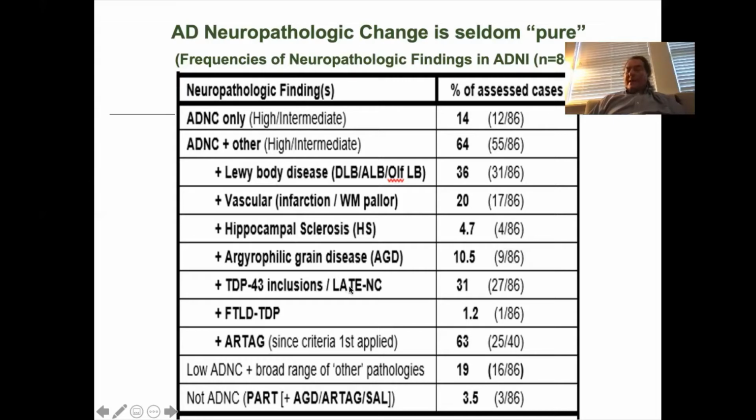We really need ways to do alpha-synuclein and TDP-43 by PET scanning or by blood testing. So that's a big need. And when people develop such tests, hopefully they can use ADNI data to validate them. So 86% of the population have additional pathologies, a very important point.